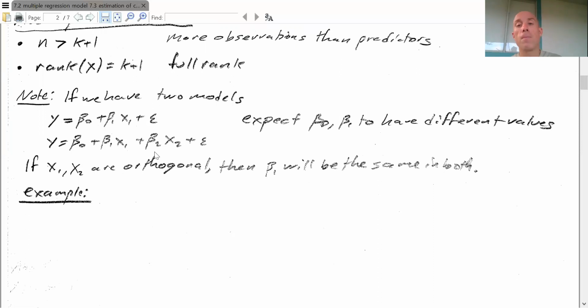You can expect that the beta 0s in these 2 models will be different, and the beta 1s will be different. If x1 and x2 are orthogonal to each other, then adding beta 1 and beta 2 are not going to change each other.